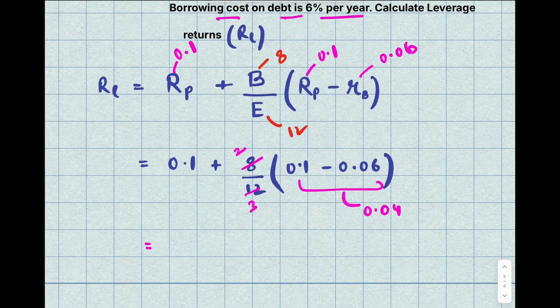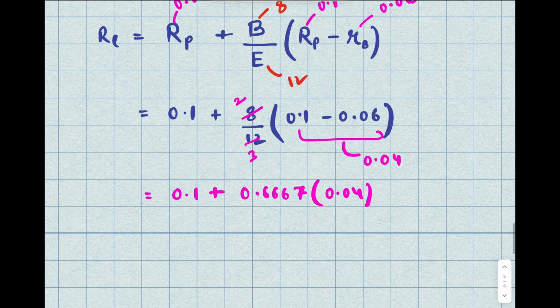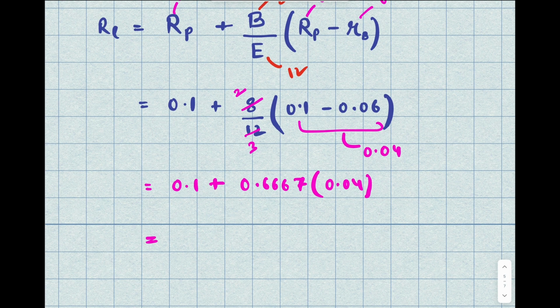So it will be 0.1 plus 2 by 3. 2 divided by 3 would be 0.6667 into 0.04. So if I multiply this, it comes out to be 0.0267.